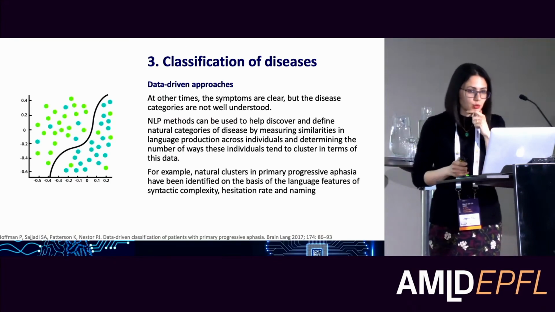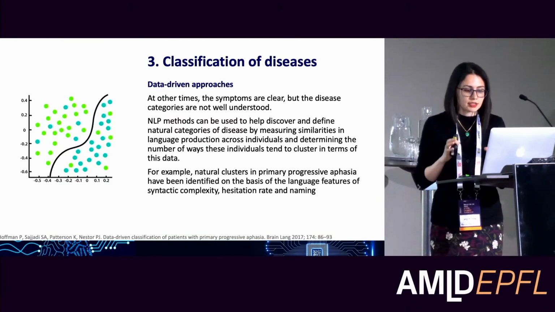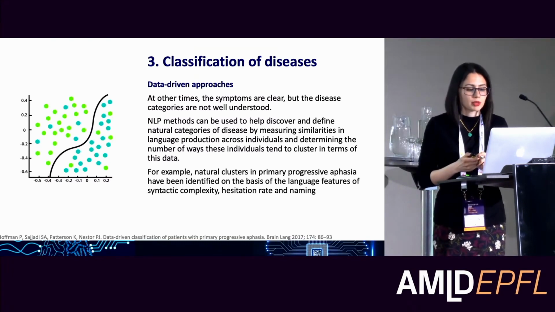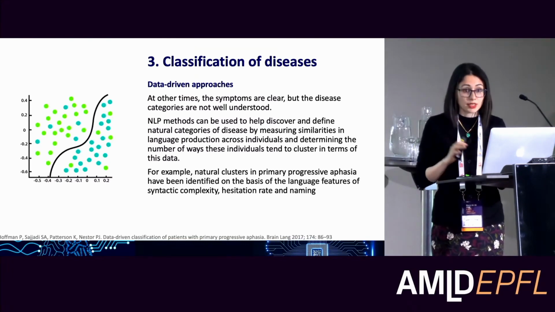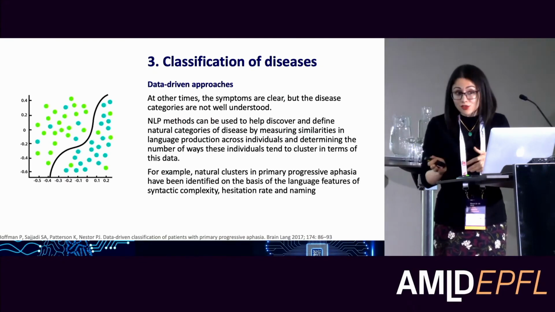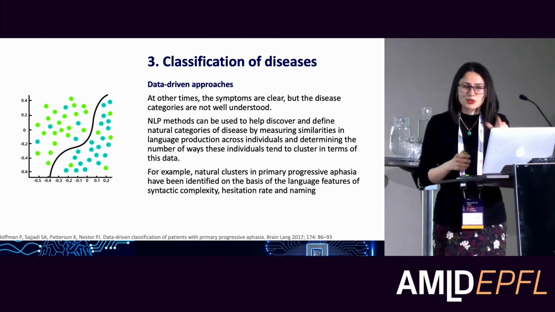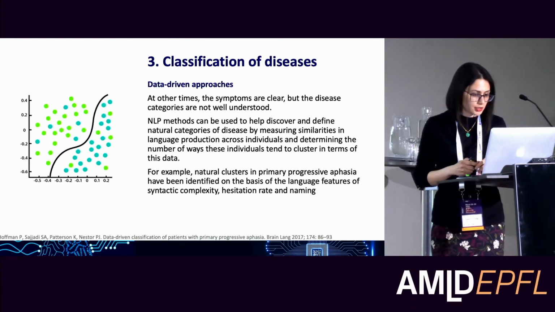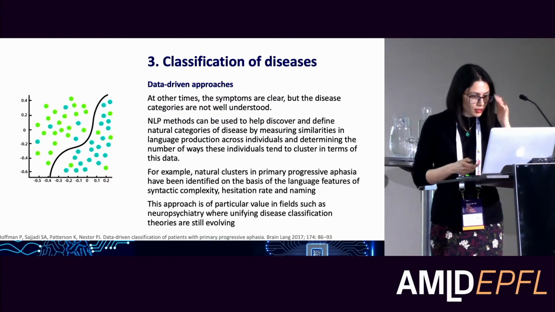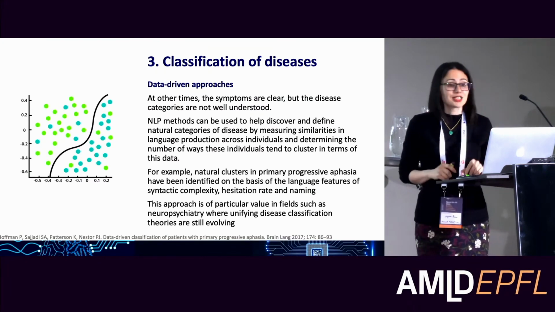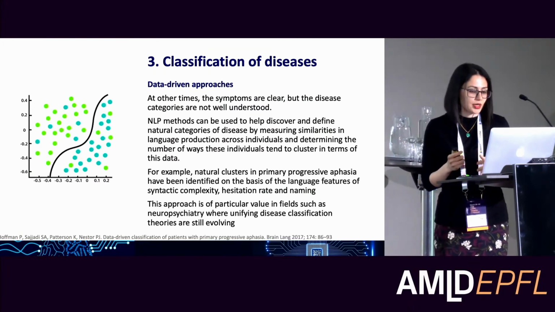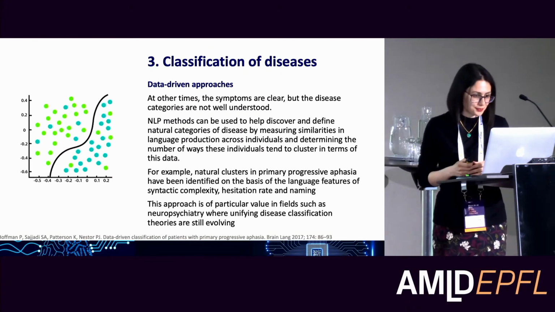Hoffman used data-driven approaches from NLP to classify the language of patients with primary progressive aphasia to see how they cluster. After that, you can do pathology analysis because for this particular case, we actually do have some pathological biomarkers. Again, as I said, this approach would be particularly of value in psychiatry where the unifying disease classification theories are still evolving.